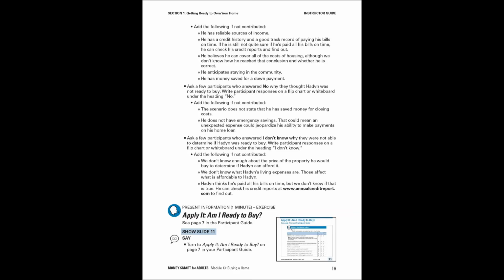And there are going to be participants that say, I don't know, I don't have enough information, I can't determine, and so you allow them the opportunity to share their answers, and you will also contribute additional information and bullet points to enhance that discussion. So you want to get every voice in the room participating in that discussion using Hayden's information, that scenario, that story that we went over for this particular activity.